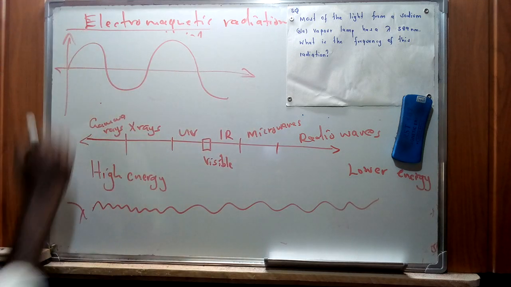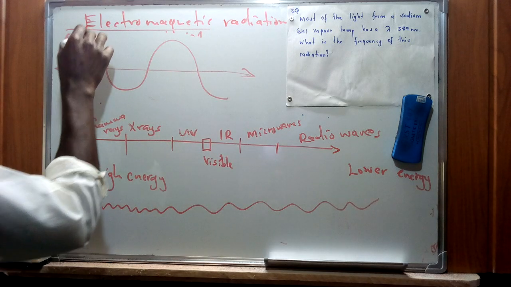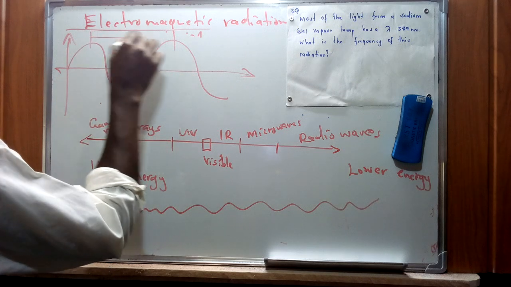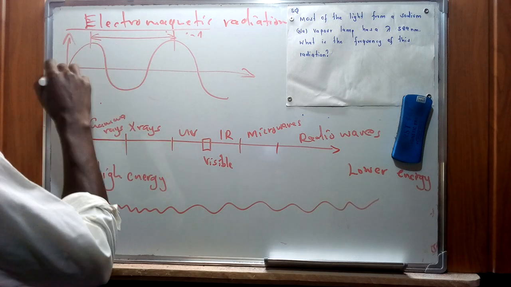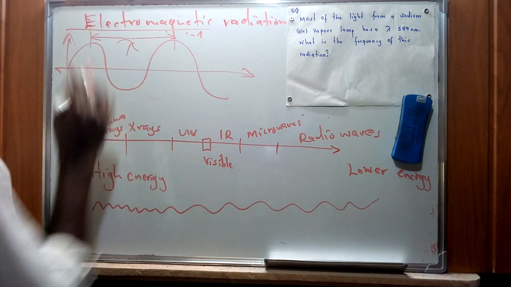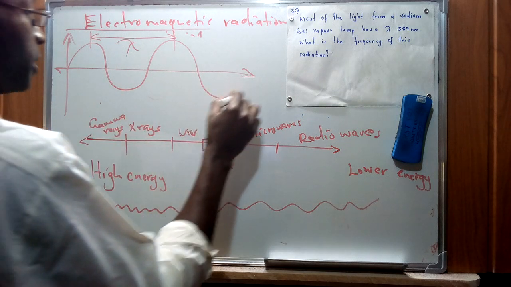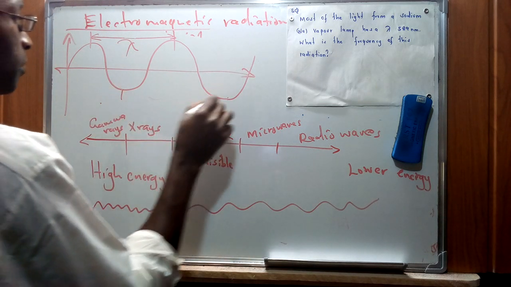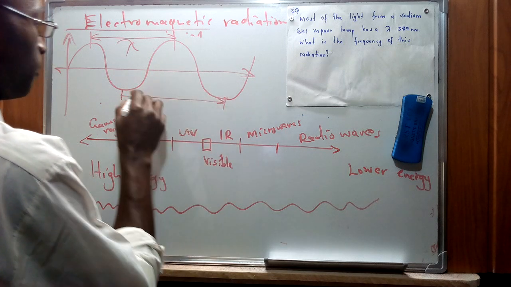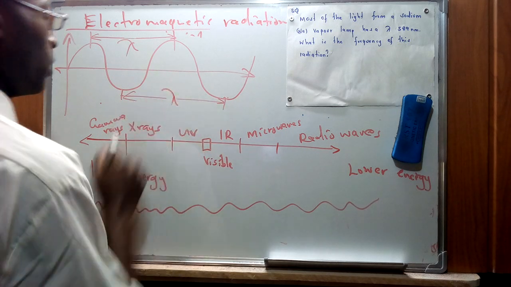Okay, there's a traveling wave of this nature. The distance between a crest and a crest is what we call a wavelength. The same applies to the distance between a trough and a trough. We refer to this as a wavelength.